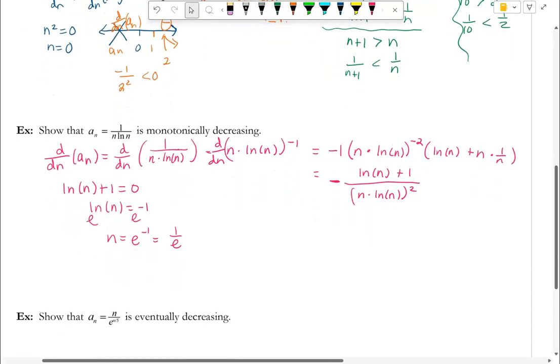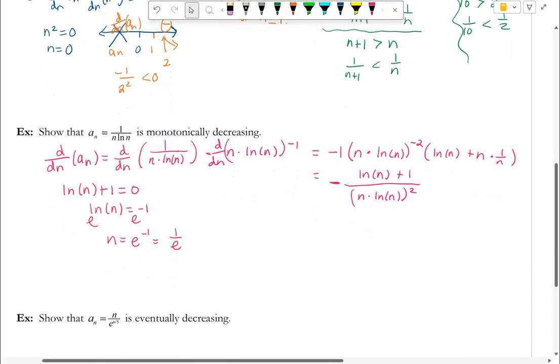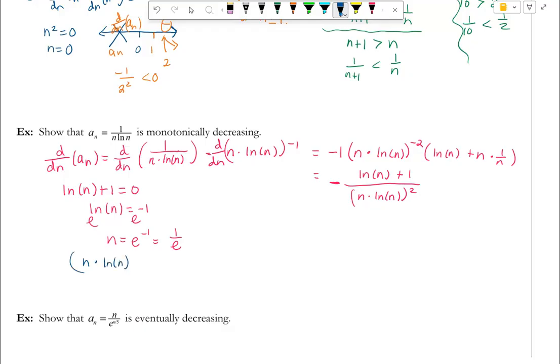I also have to consider anything that makes my denominator equal to 0. So if I'm looking at the denominator, that's where n times the natural log of n, that quantity squared, is 0. We know we could take the square root of both sides, so n times the natural log of n equals 0.